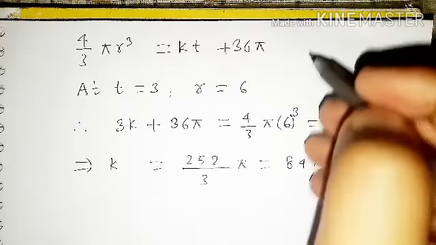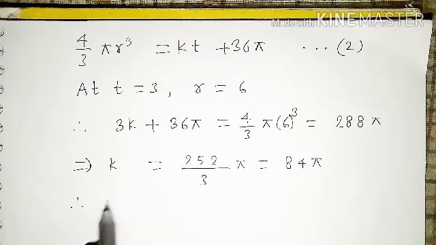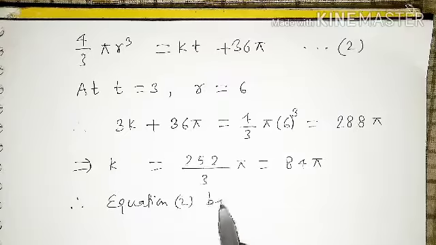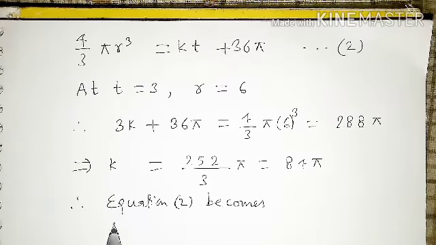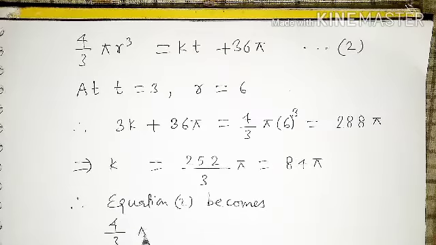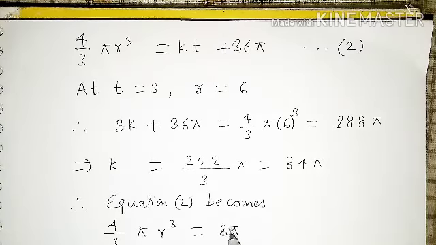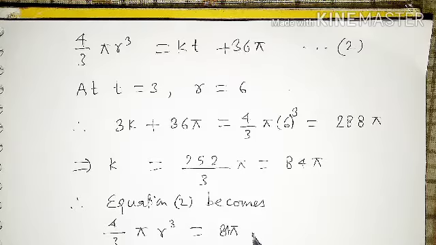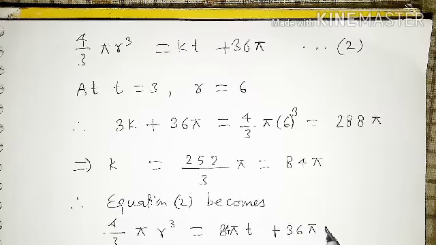Therefore equation 2 becomes, we have to find the value of r, 4 by 3 pi r cube equals k, which is 84 pi, times t, plus 36 pi.